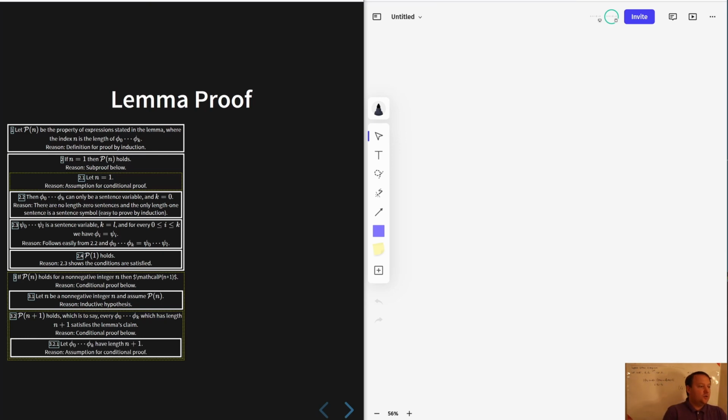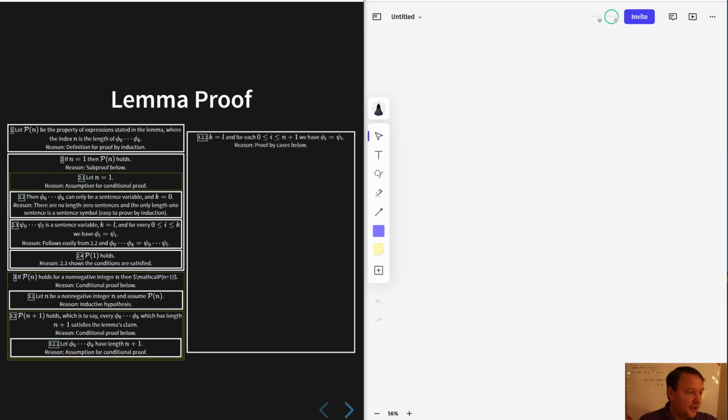And okay, so let's suppose that every concatenation of length n satisfies this property. And then we'll prove that it also is satisfied by every sentence of length n plus 1. So in particular, we're going to assume that the length of the concatenated phi's is n plus 1 and try to prove that the claim holds for this situation.